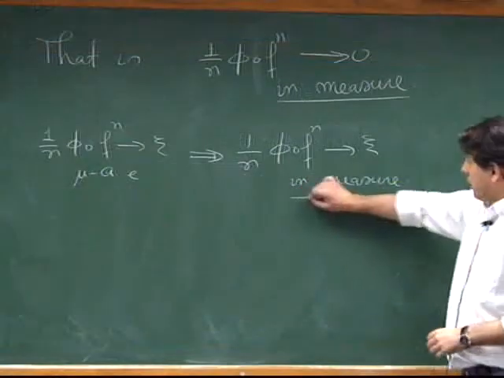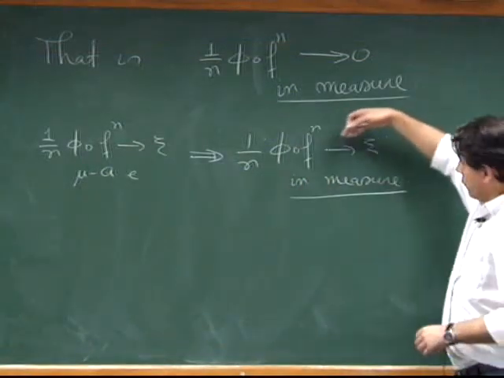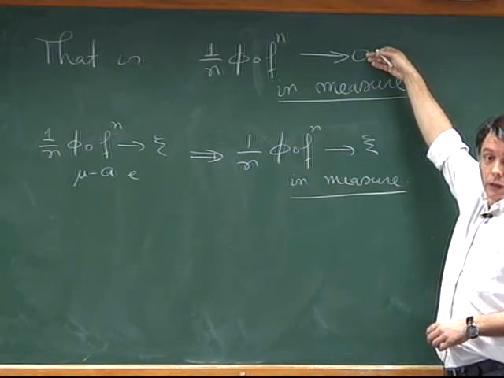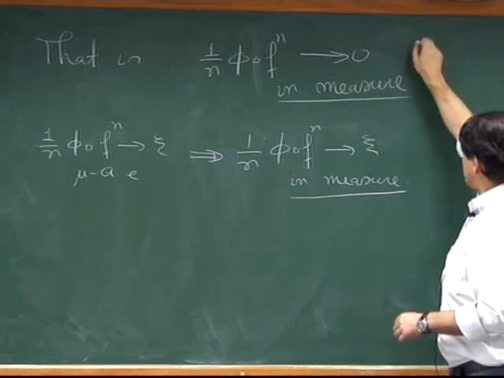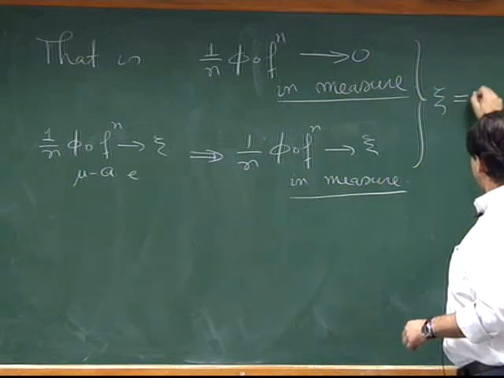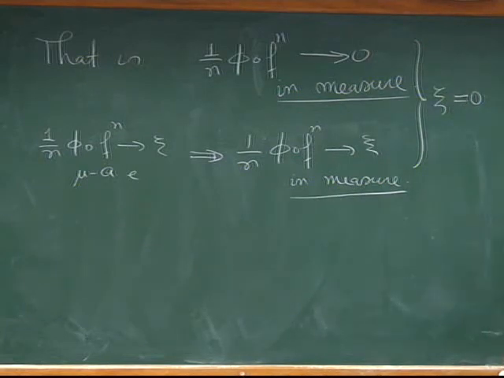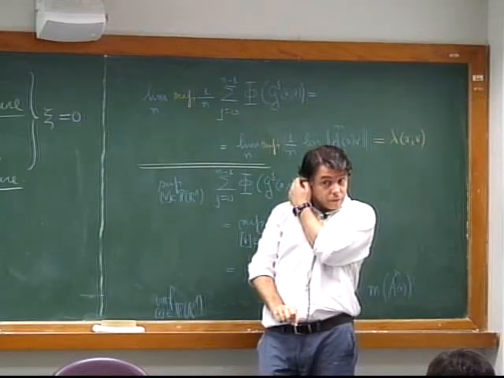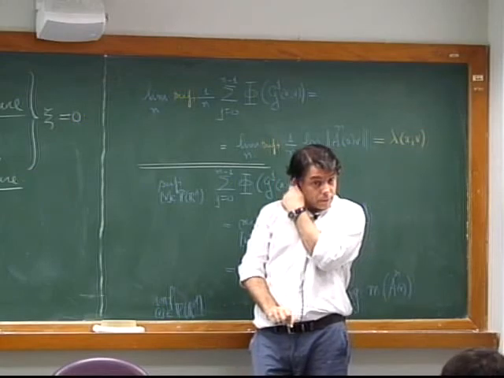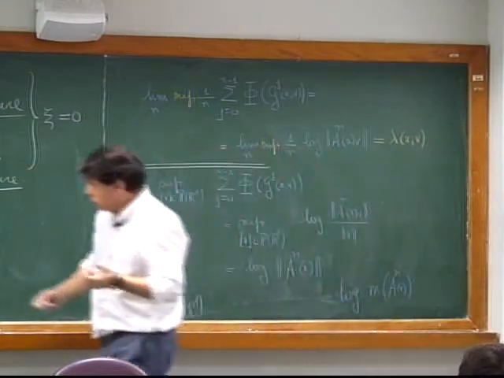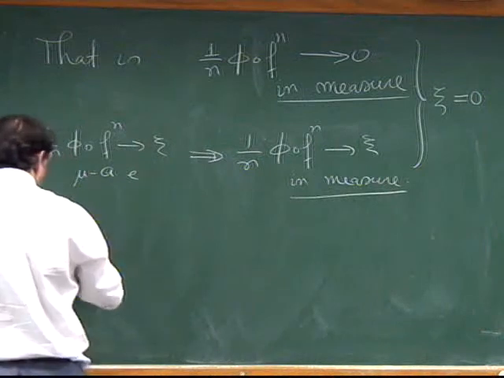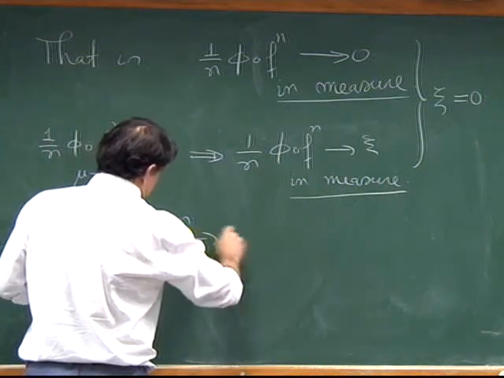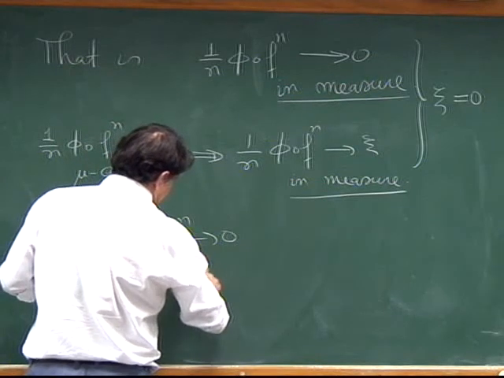So we have that the sequence converges to xi in measure, it converges to 0 in measure, and the limit is unique. So xi is equal to 0. By uniqueness, the limit in measure is also unique. So 1 over n phi composed with f^n converges to 0 almost everywhere.